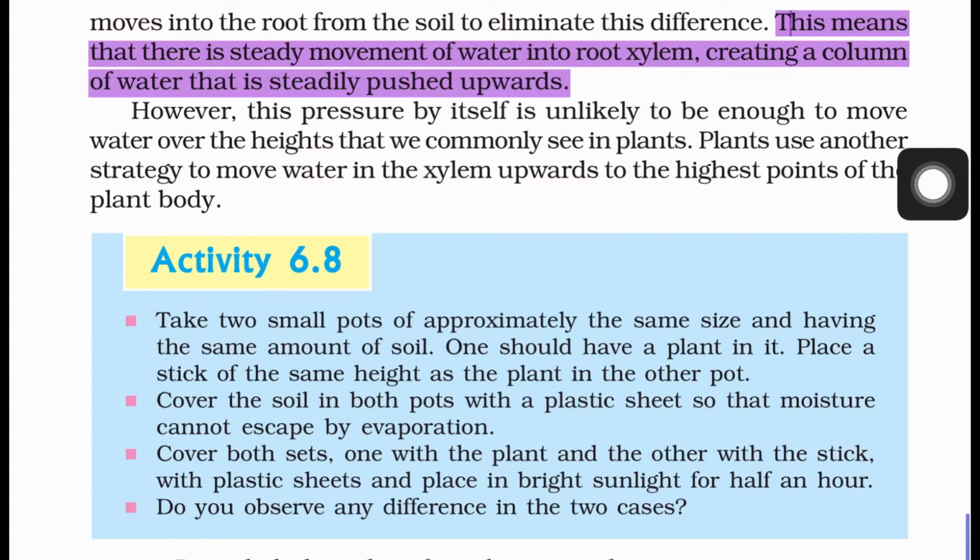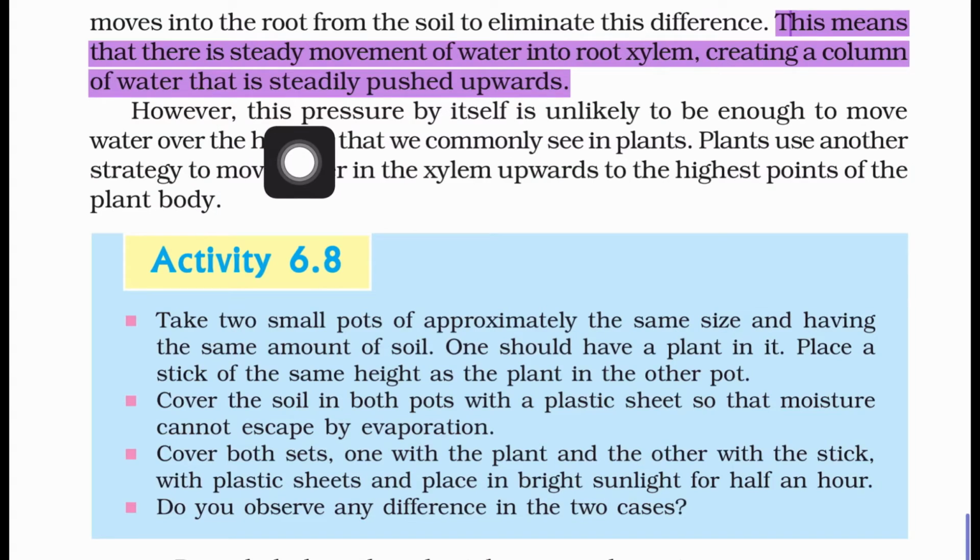In this way, the water moves continuously from the soil to the root, and from roots to the plant body parts through root xylem, making a continuous column from soil to the leaves.